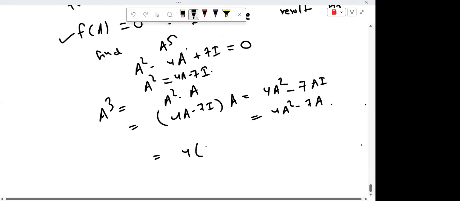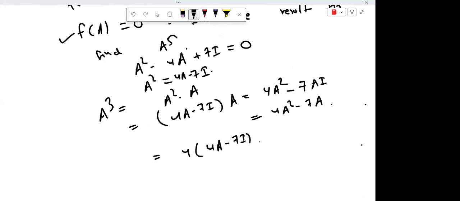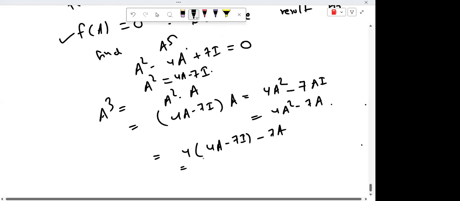Now this is 4a squared. Again, we can write this as 4 times (4a minus 7i) minus 7a, which is 16a minus 28i minus 7a, and this is 9a minus 28i. Okay.